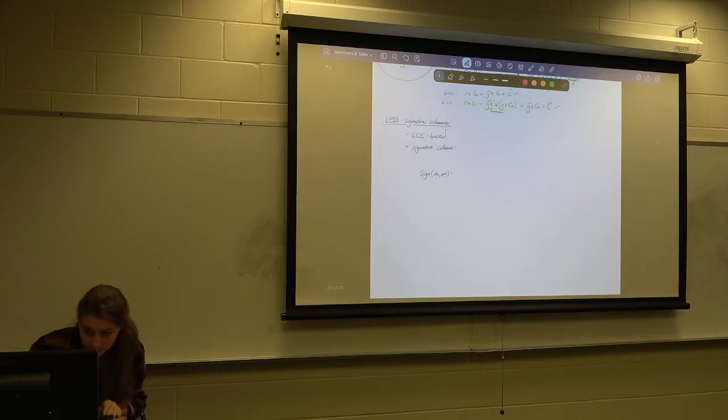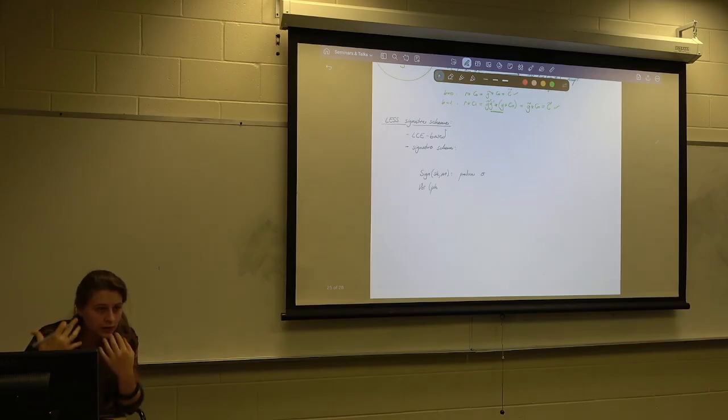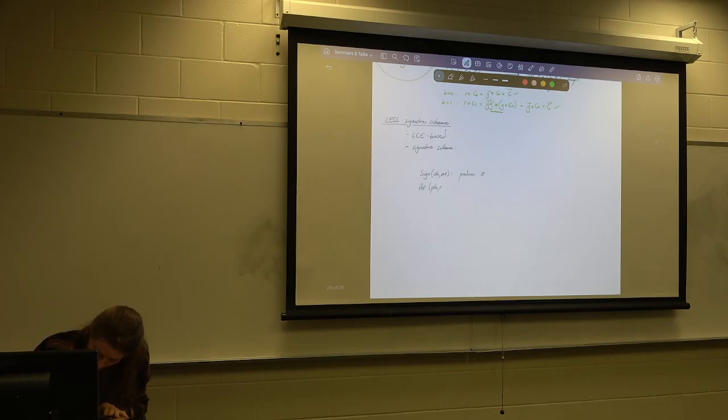I'm going to sign a message, whatever document I'm given, so I'm going to produce the signature sigma. And then to verify, anyone must be able to do this, so I have to use a public key. I have the message in the clear and the signature, and I'm just checking that this sigma is valid, but valid for M.